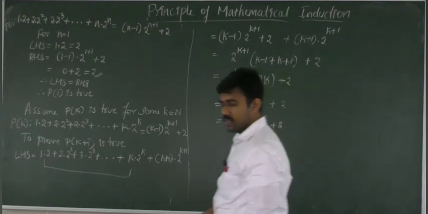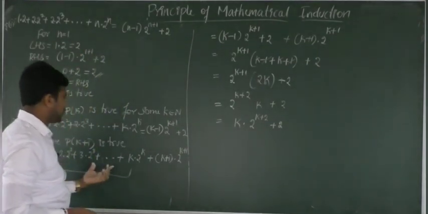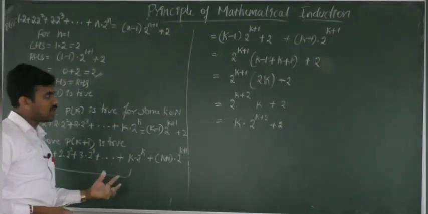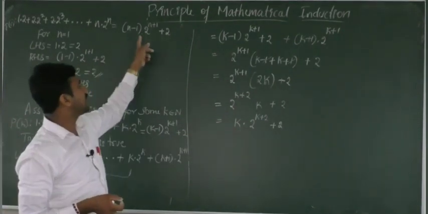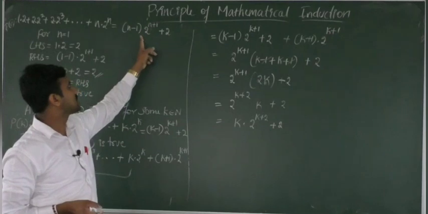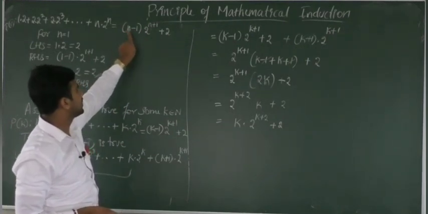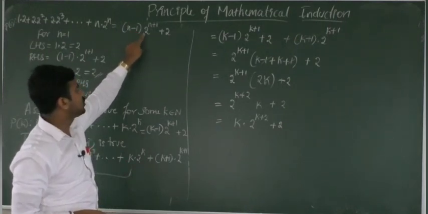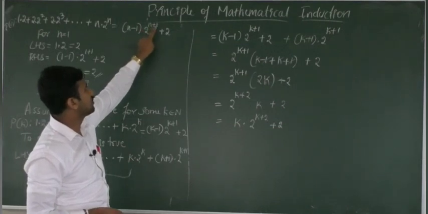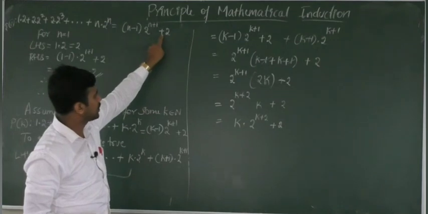Now see, the left hand side of the statement is this one. By solving this you got one result. Now is this the RHS of the statement when n is equal to k plus 1? Just see here, if you replace n as k plus 1, we get (k plus 1 minus 1), which is nothing but k, into 2 to the power k plus 1 plus 1, that is 2 to the power k plus 2, plus 2.